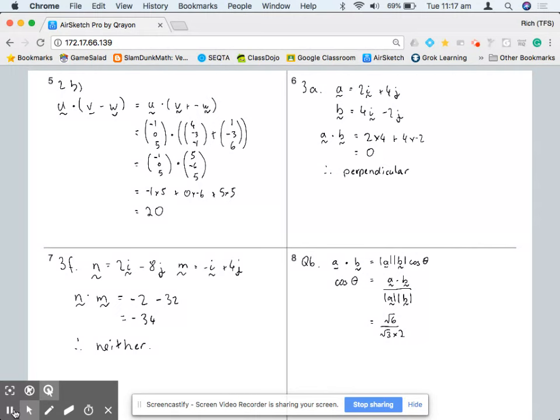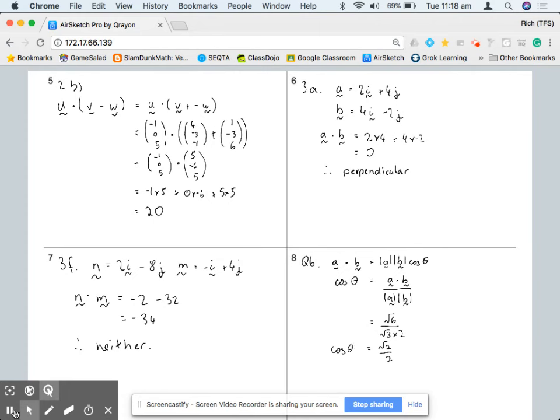So we have root 3 times 2. Do note that's not root 3 times 2 under the root, that's root 3 times 2. Now, looking at the root 6 over the root 3, I can simplify that because they're both square roots, I just divide those two numbers: 6 divided by 3 is 2. So I've got root 2 on 2. That's what cos theta equals.